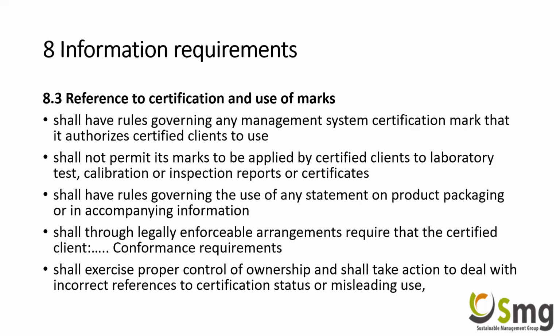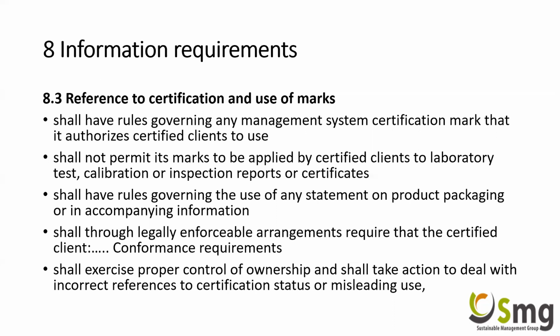The CB shall have rules governing the use of any statement on product packaging or any accompanying information. So how do we use the mark on the product? We cannot use it on the primary product. We can, if we want to say that this product is produced by a company with a management system certified to 9001.